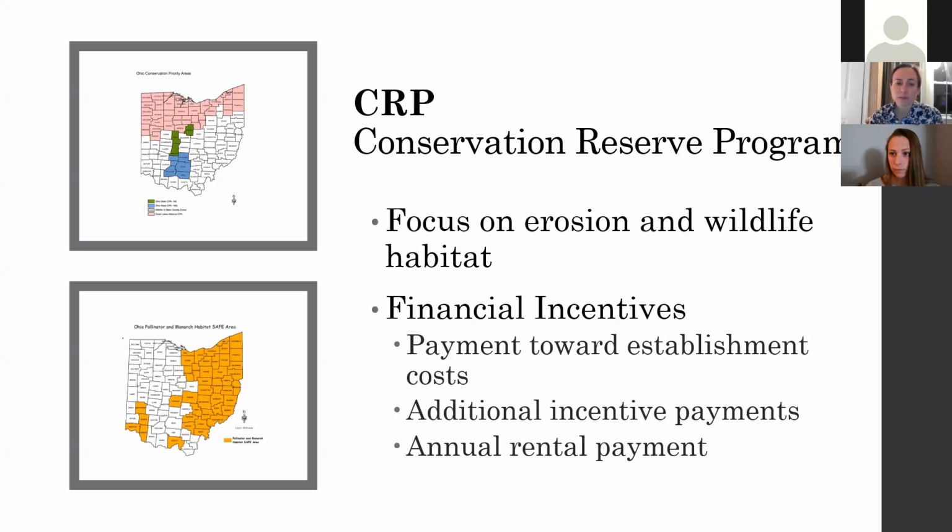Now, the thing that's really interesting and motivating for folks is the annual rental payment. Acres enrolled into the program earn an annual amount of money that's paid to the person who signs the contract to not farm those acres and to leave them in that permanent land cover. That's how those acres will earn you money without farming them.